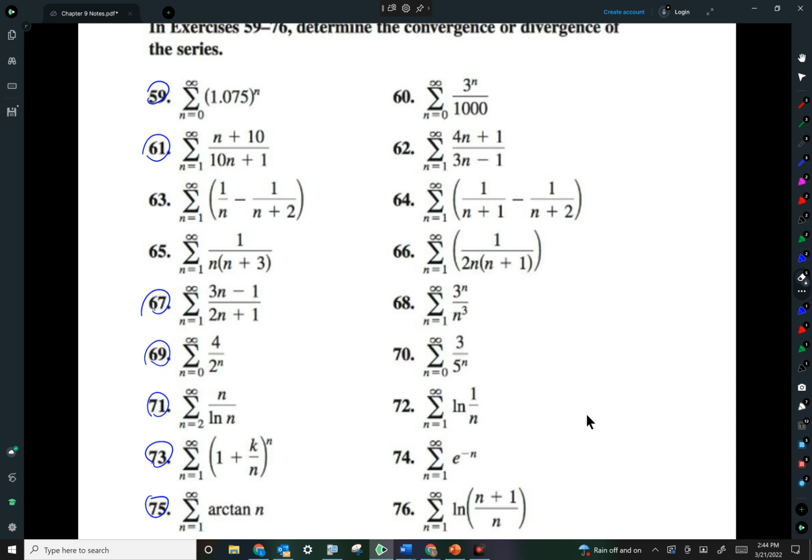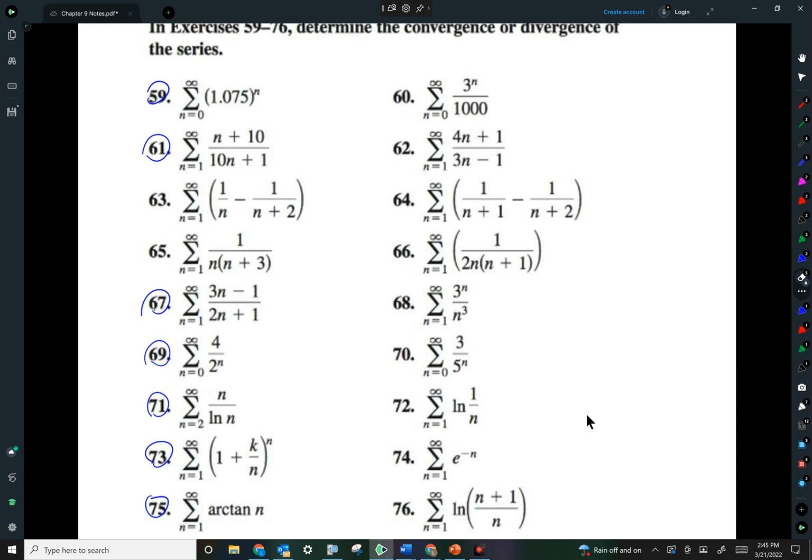This isn't 1 to the n, just 1. Substitute 2 for what? If you do the nth term test, it's going to equal 0, which is inconclusive, right?